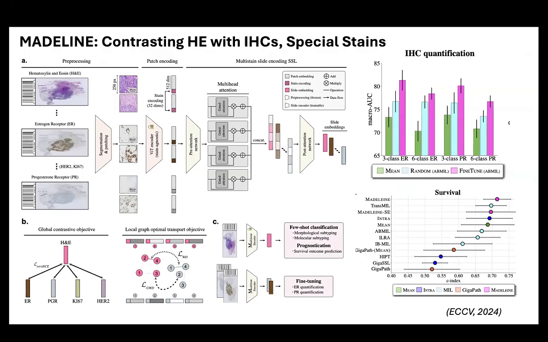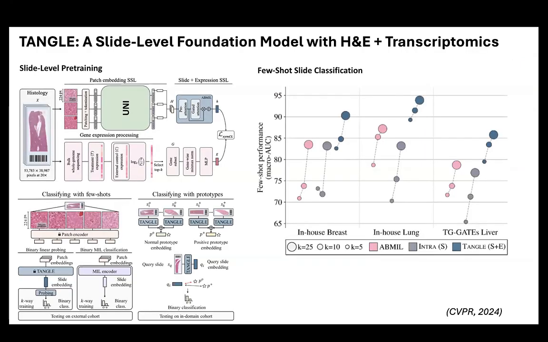So in ECCV last year, we contrasted with special stains and IHCs, contrasted H&Es with HER2 stains to try to see if we can improve representation, and that was possible. This is a much more objective second view in comparison to looking at text. If that's possible, then the obvious next step is sort of to look at transcriptomics.